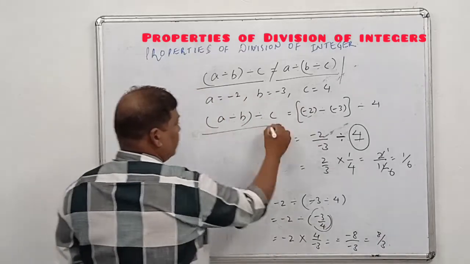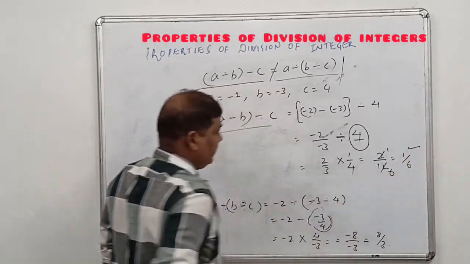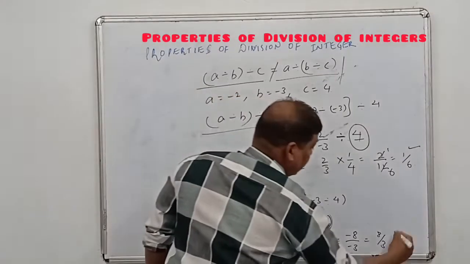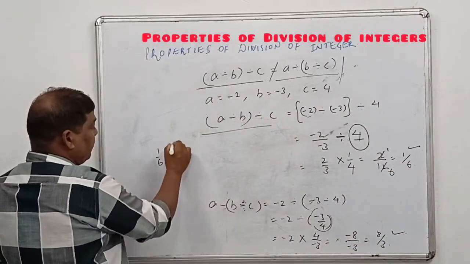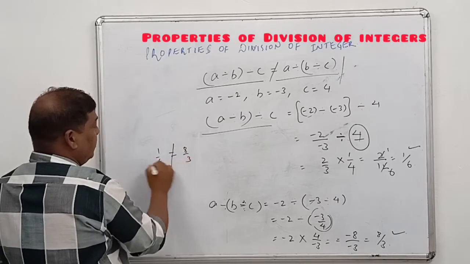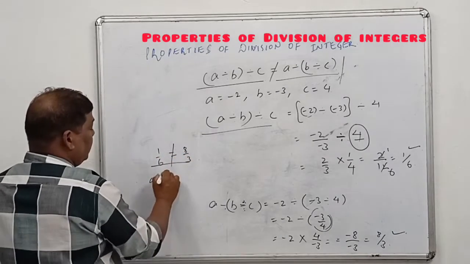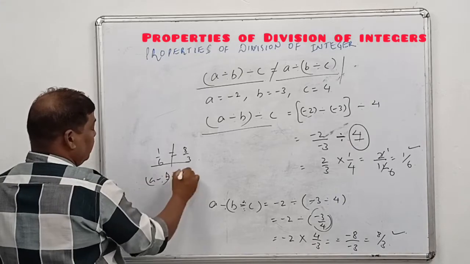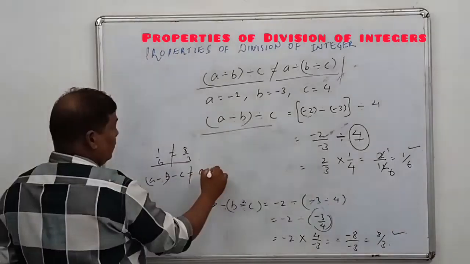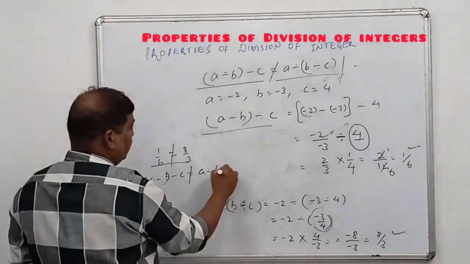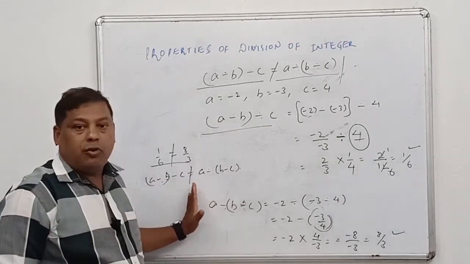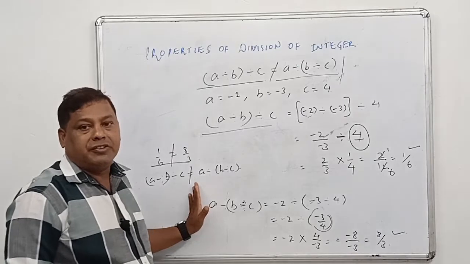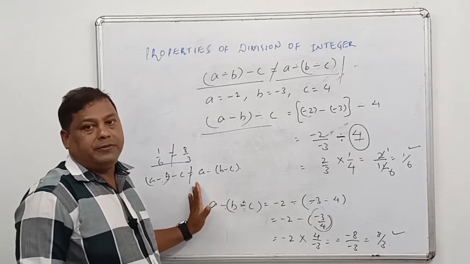So in the first case the result is 1 by 6, in the second case the result is 8 by 3. So 1 by 6 does not equal 8 by 3. Therefore (a upon b) upon c does not equal a upon (b upon c). So division on integers is not associative.